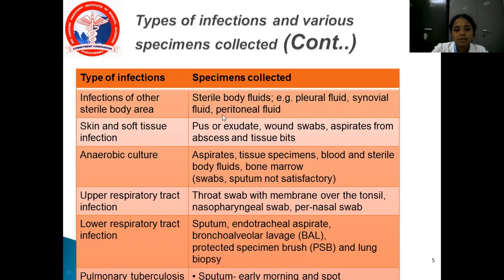For lower respiratory tract infection: sputum, endotracheal aspirates, bronchoalveolar lavage, protected specimen brush and lung biopsy. For pulmonary tuberculosis, early morning sputum sample is preferable.